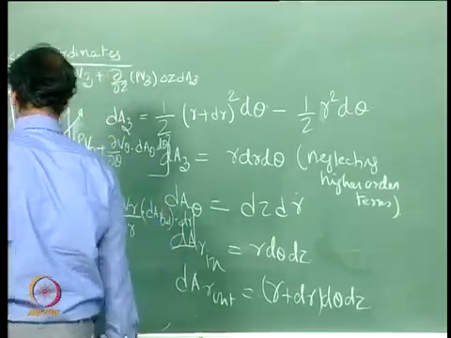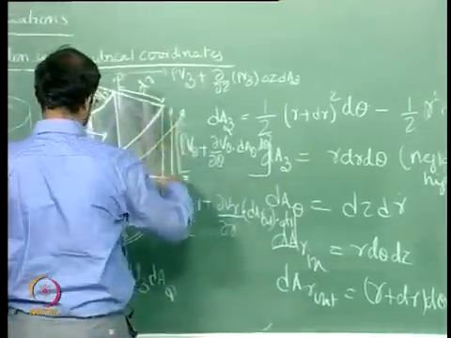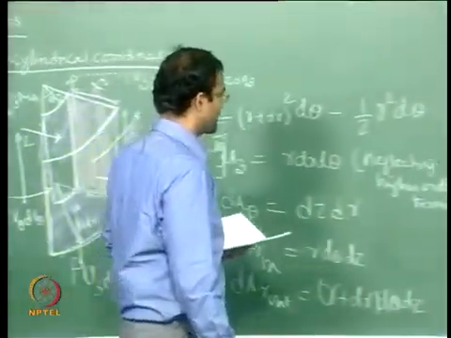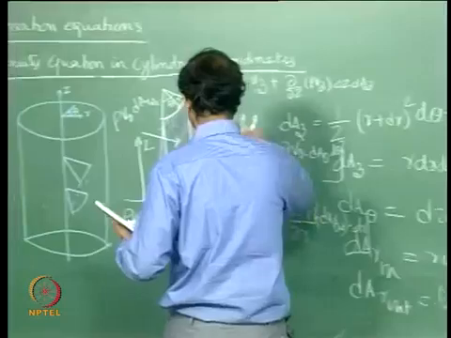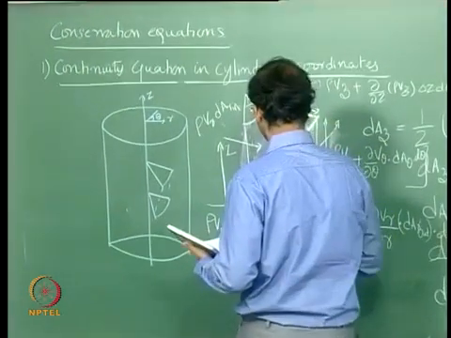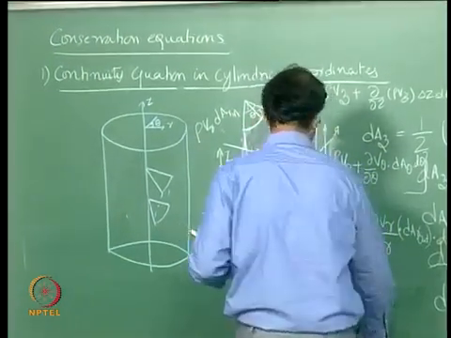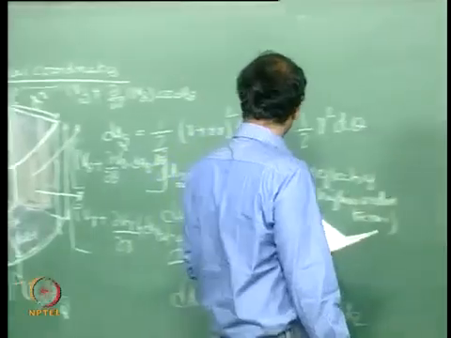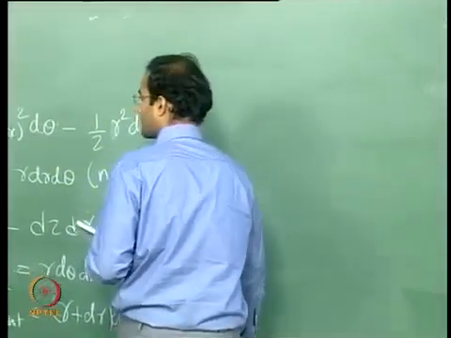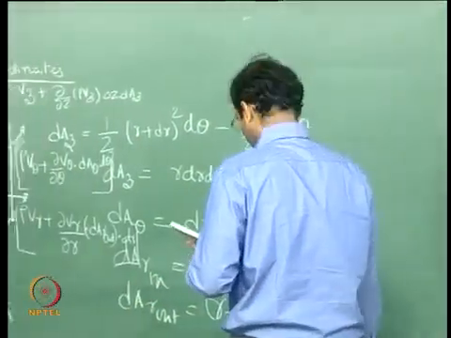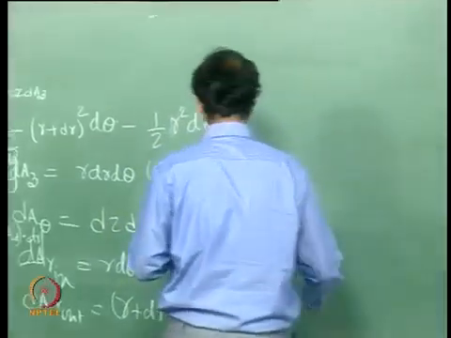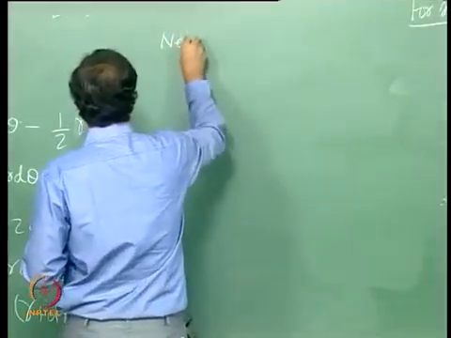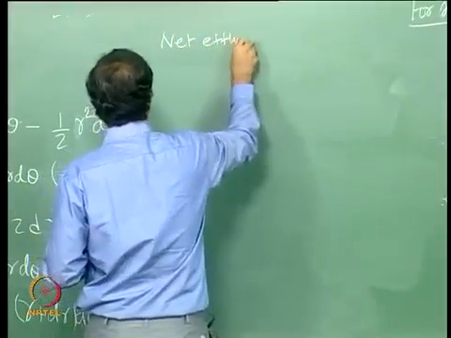This corresponds to the cross sectional area of the radial plane through which the mass flow rate is leaving. Now we will apply the conservation of mass, and we will first express the net efflux of mass in all the directions.